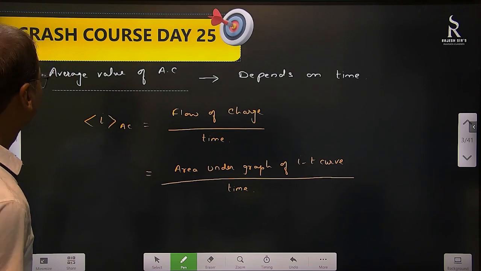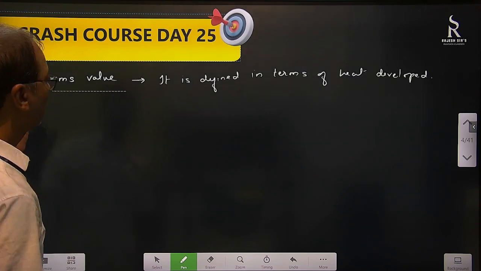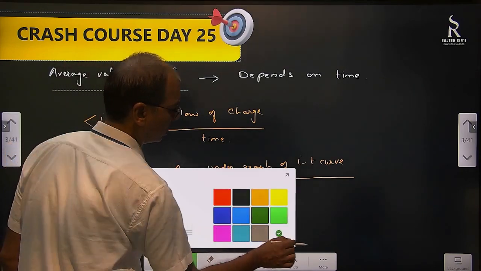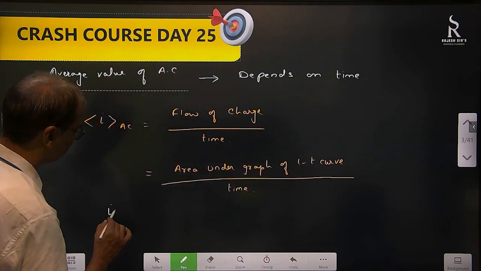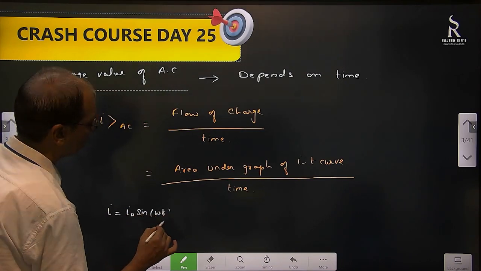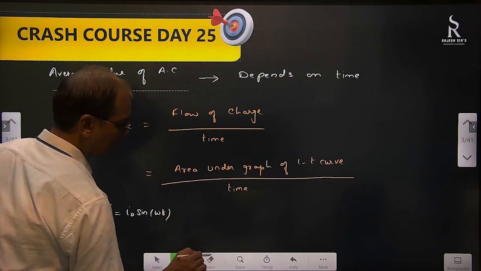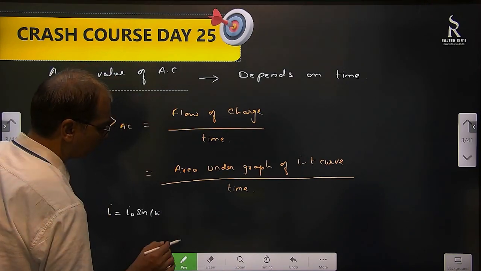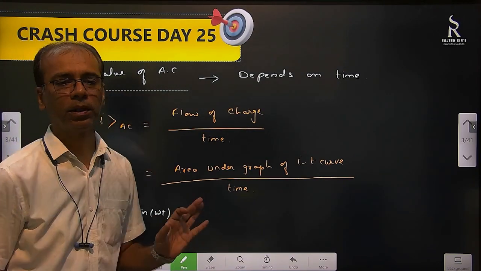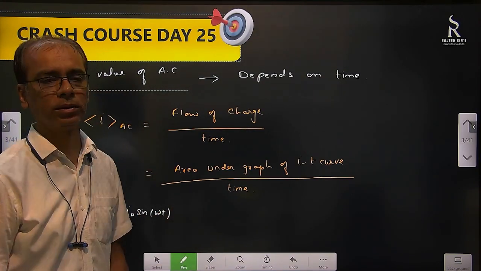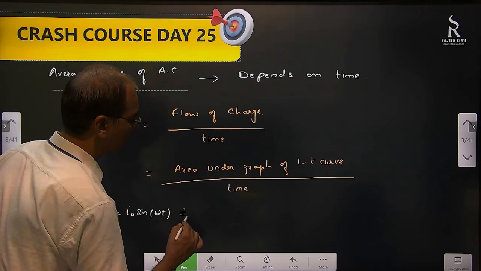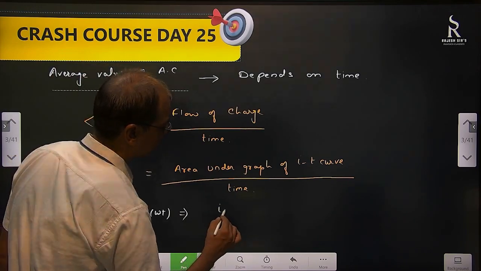Now, if I have to find the average value, and I know the current, what is the current? We know that I equals I naught sine omega t, and we know the graph also. It's a sine curve. When a sine curve is given, we cannot find the direct area. So to find the area, we have to integrate I dt.